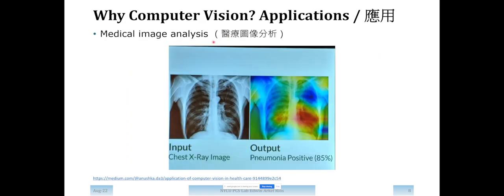Then you also have other things like medical image analysis. Here you can see for example some X-ray, and you want to detect some disease like pneumonia or COVID. But there are also a lot of other applications of computer vision for medical usage.